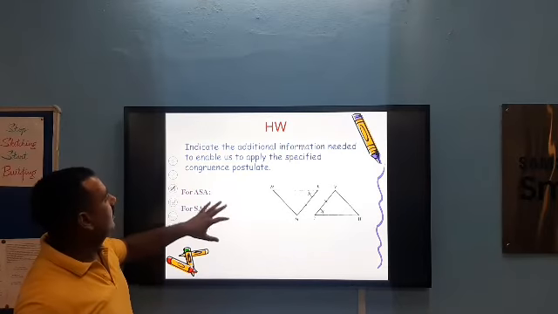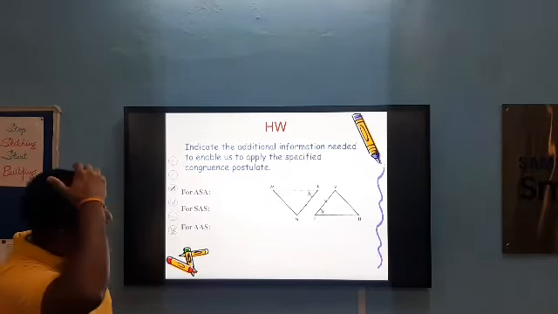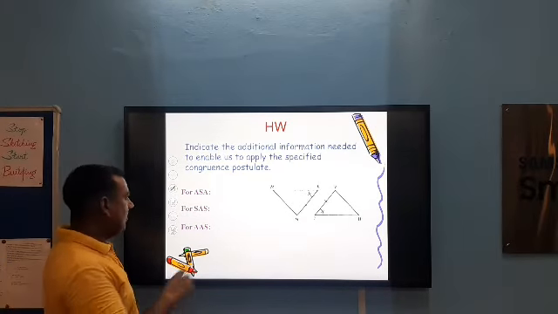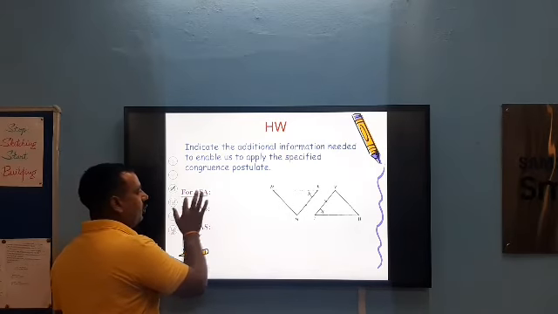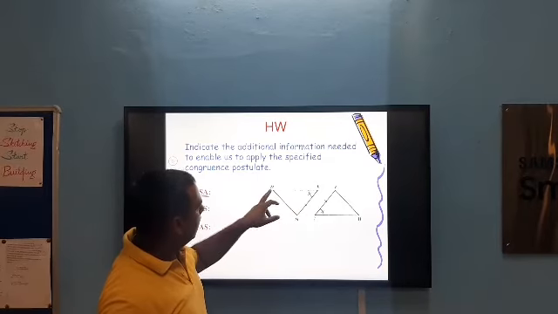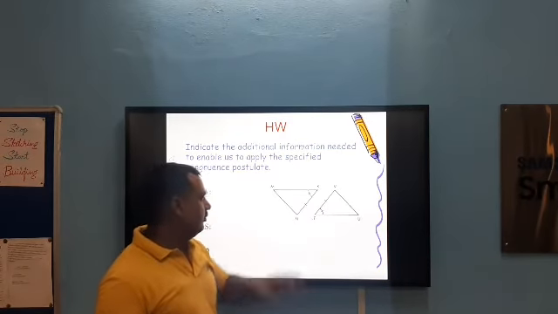This is your homework. Indicate the additional information needed to enable us to apply these specific postulates. For example, we want to apply ASA and we have triangle MNK and triangle VTU.